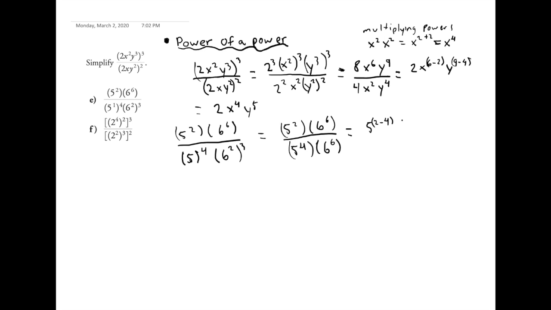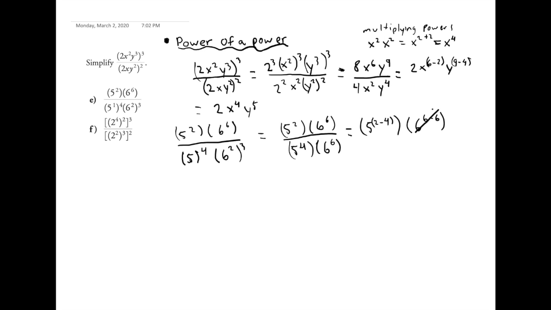Okay? Now you're going to multiply that by 6 to the power of 6 minus 6. Alright, and what is this equal to? 0. So any number or any term, it could be x, it could be a y, anything to the power of 0 is going to be equal to 1.